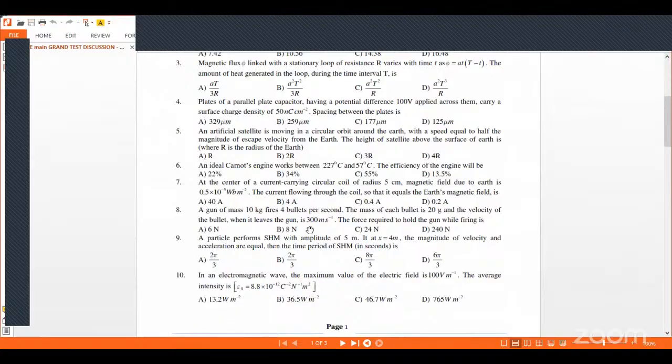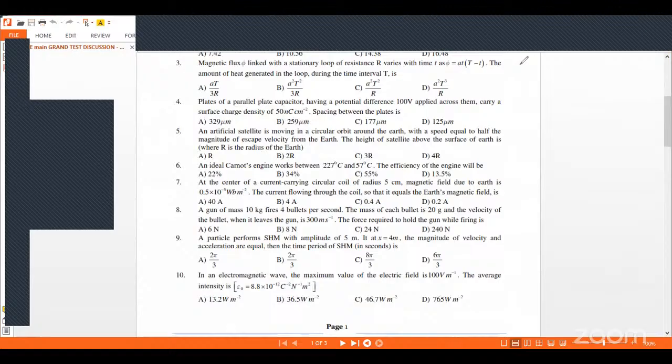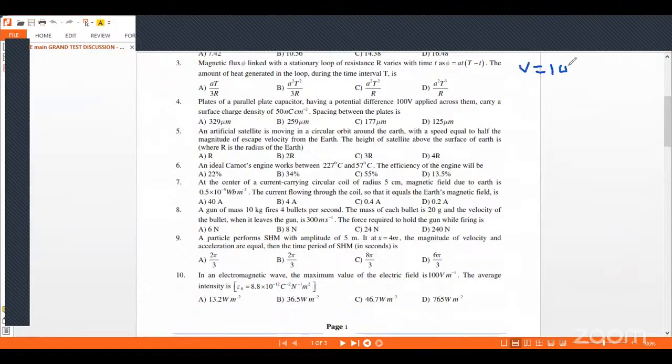Plates of a parallel plate capacitor having a potential difference V equal to 100 volt applied across them carry a surface charge density sigma equal to 15 nanocoulomb per meter square. Spacing between the plates is, okay, spacing between the plates means D. Nanocoulomb means it is 10 power minus 9.